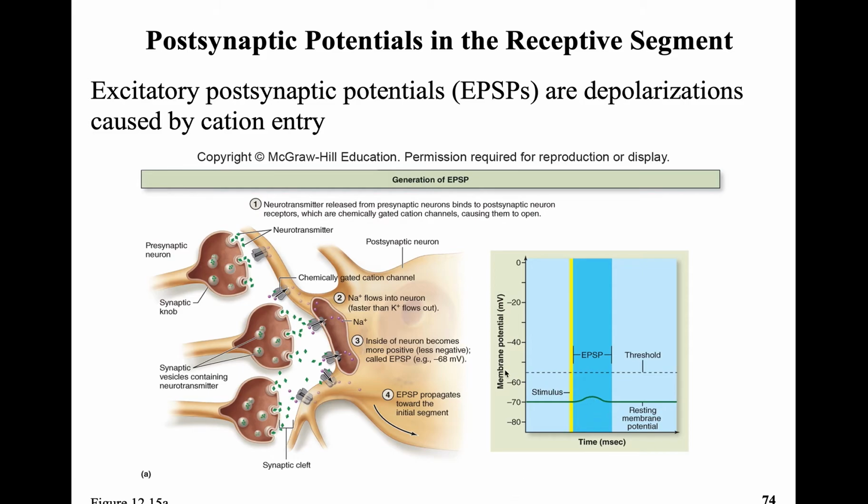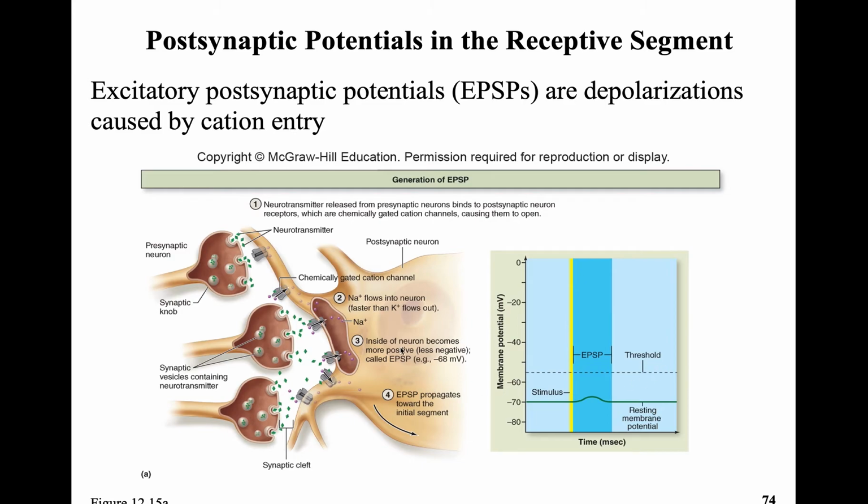Now remember, the second neuron here is not going to fire unless I reach, which is not done so far here, threshold. So if I just have a little bit of a blip like this, this little bump, it's not going to be enough to reach threshold.